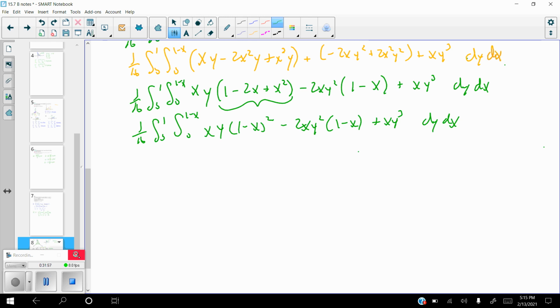All right, so the question is, why would I want to do that? Well, now I've got y's on the outside, so now I can take antiderivatives with respect to y relatively easily. So let's see what happens.